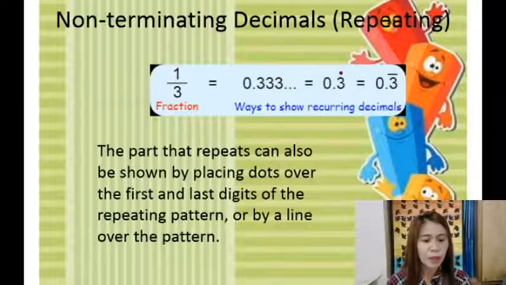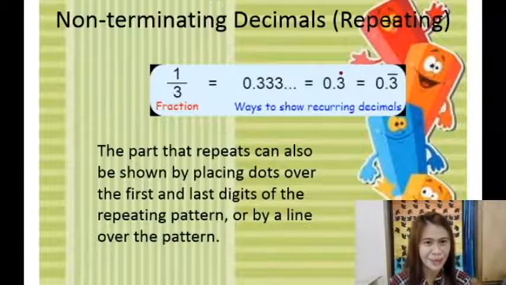By the way, recurring decimals is another term for repeating decimals. Recurring or repeating.